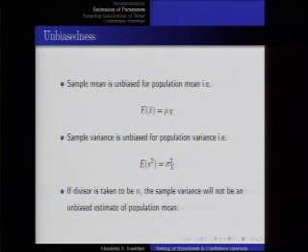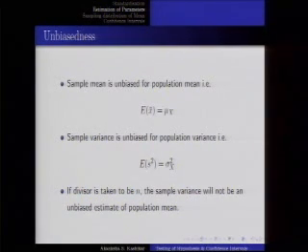I have the entire population. Suppose I draw all the possible samples from that population, compute the sample mean of each sample, and if I take the mean of all these means, then that mean turns out to be the same as the original population mean. So this is the same as saying that sample mean is unbiased for population mean.